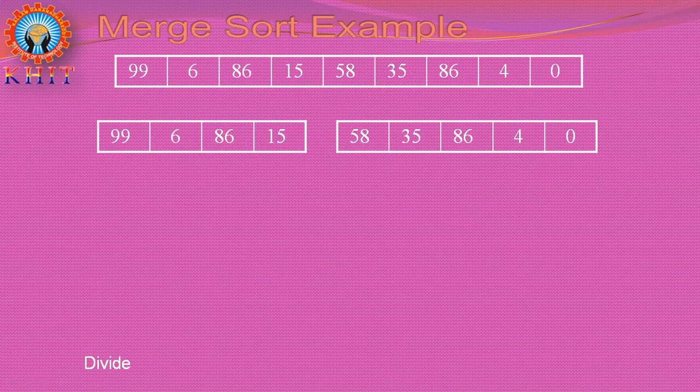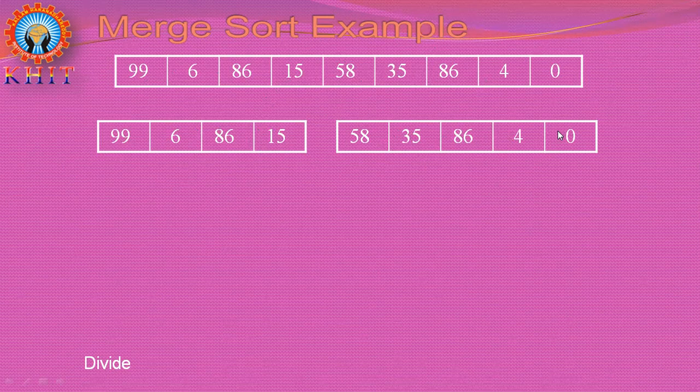On what basis do we divide the array into two subparts? We find the mid value. Here the mid value is 58. The array size is 9, with 4 elements at the left side and 5 elements at the right side.